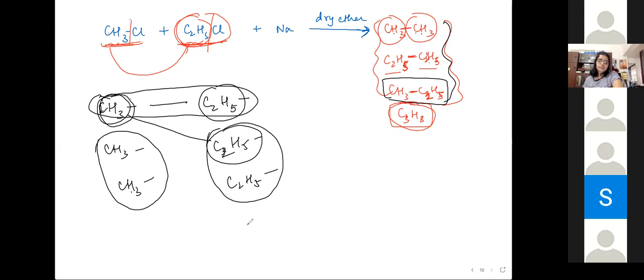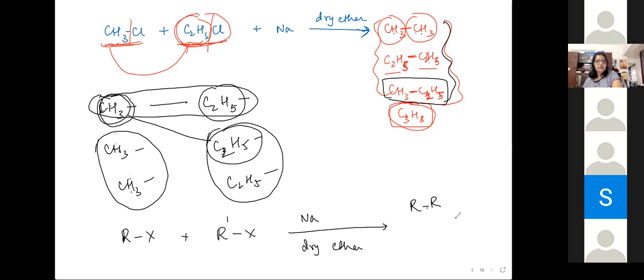So the general formula for this is, if you take two different halides, Rx and R dash X, with Na in dry ether, either you get RR, where the same thing bumps into each other, or R dash R dash, or one of this bumping into one of this, which is R R dash. So all these 3 are the products.